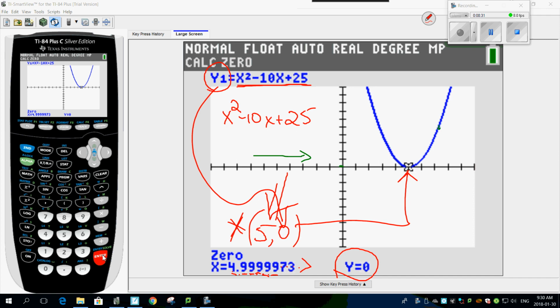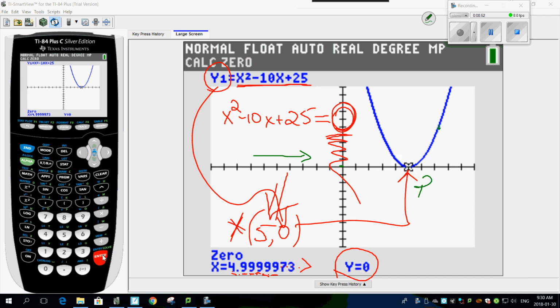But what did you notice when you were solving this on the previous screen? That equaled 0. That tells you there is no more y. The y is gone. The y is 0. So the only thing that this question wants is to know what the x value is.